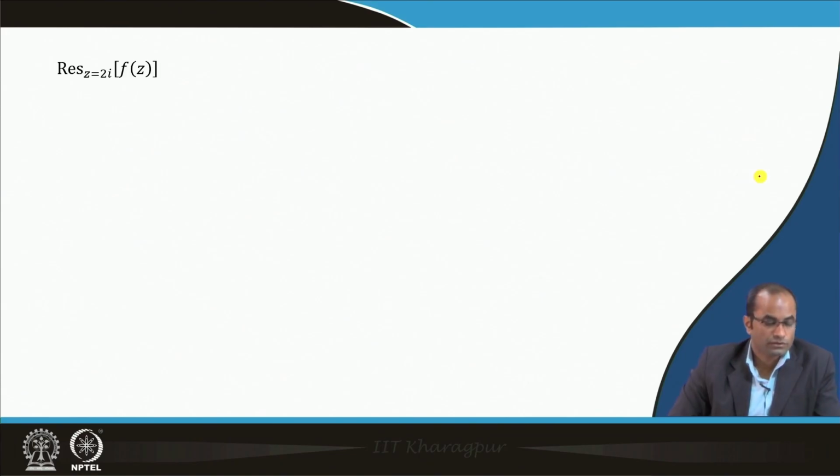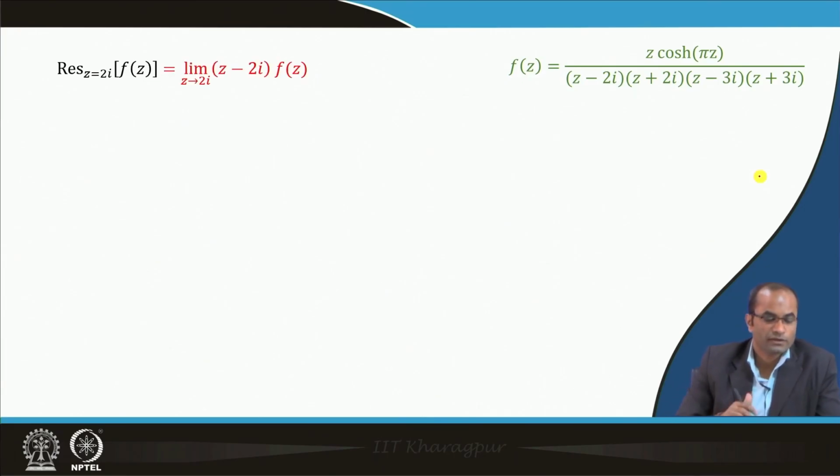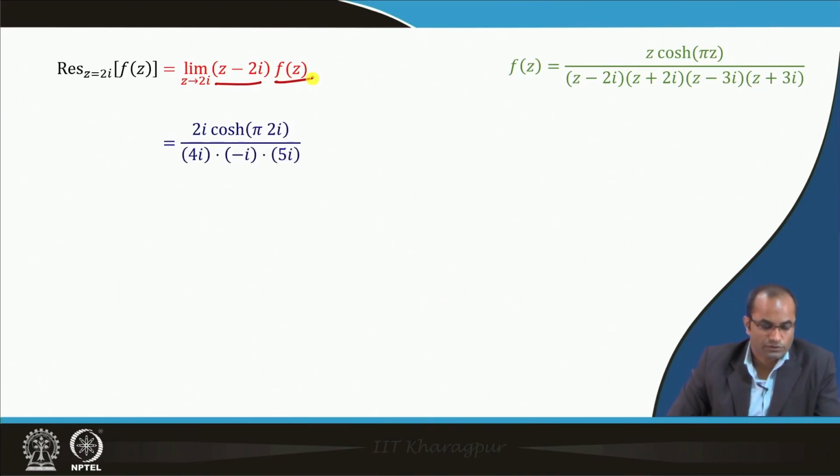And now, if we want to get the residue, for instance at z equal to 2i for this f(z), we have to multiply by this z minus 2i and then f(z). If we do so, we have this result after putting the limit, with z equal to 2i everywhere, and this cos hyperbolic 2 pi i.